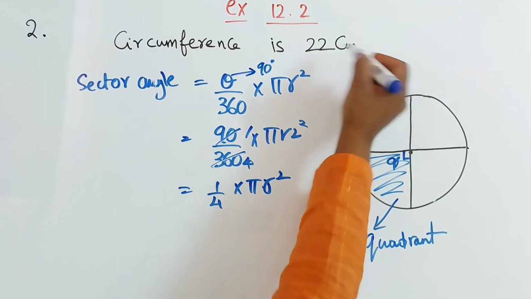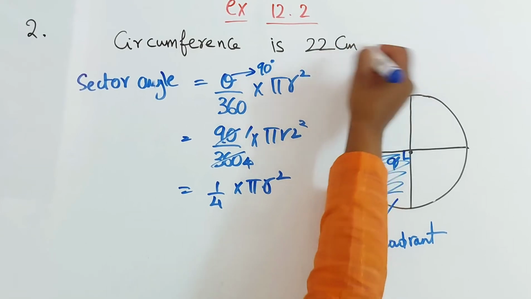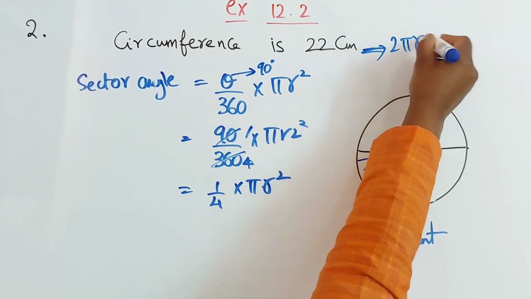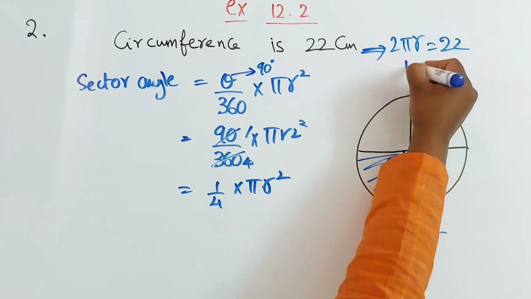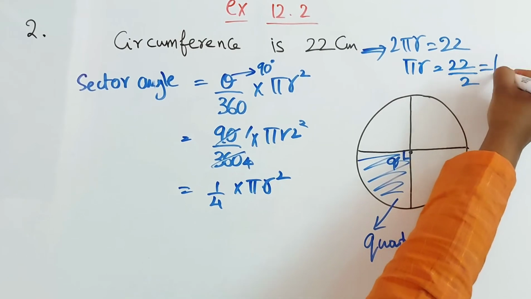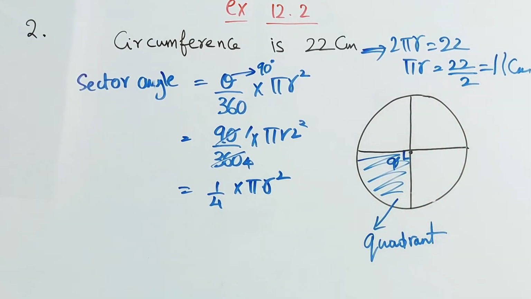Right, children? But here the circumference is already given. That means 2 pi r equals 22 centimeters. What is pi r? Pi r equals 22 by 2, that equals 11 centimeters. Correct, children? Here pi r is 11 centimeters.